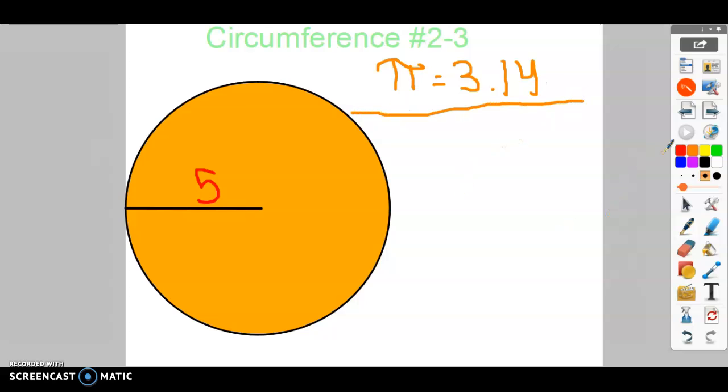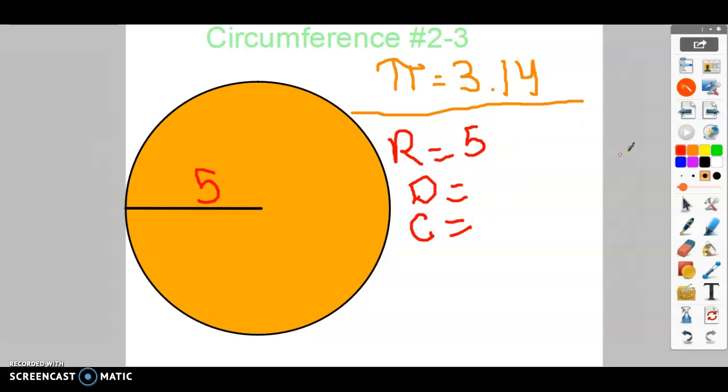Pi is equal to 3.14, so we're going to use all this information to solve for circumference in total. So we know that we have a radius of 5. We want to find the diameter and the circumference, which is the whole area.